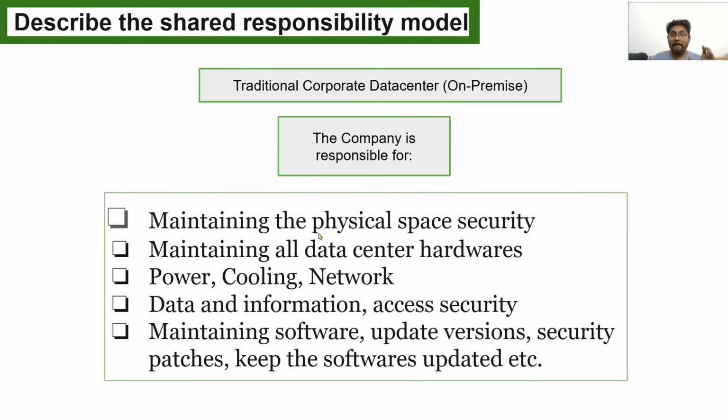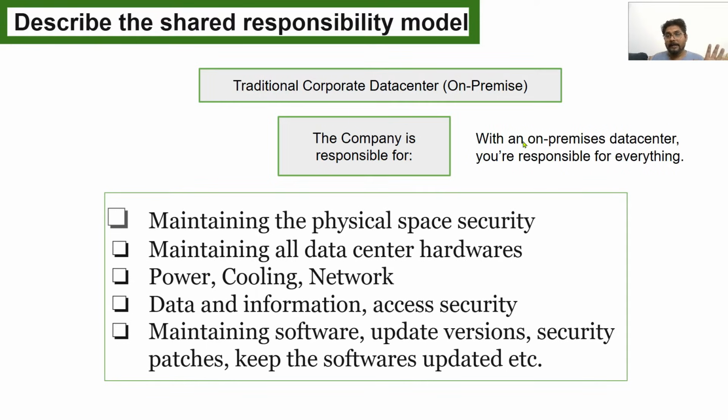For example, maintaining the physical space, its security, maintaining all the data that goes inside your server, all the data center hardware, power, cooling, network, data and information access, who has access to the data. So end to end, you have to manage everything. That means with an on-premise data center, the company is responsible for everything.